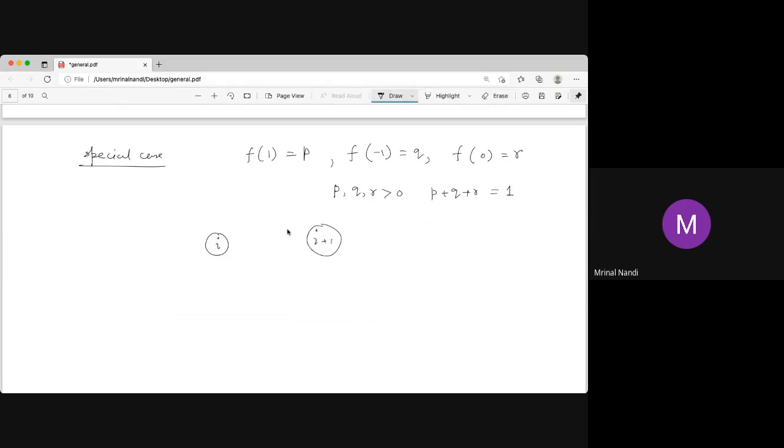You can go forward with probability p, you can go back with probability q, again forward with probability p, and you can stay there with probability r. This is a graph of this Markov chain.